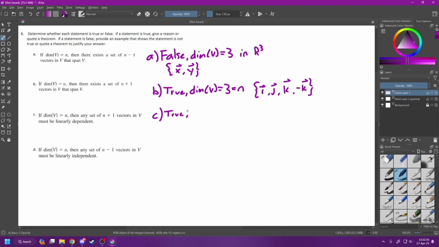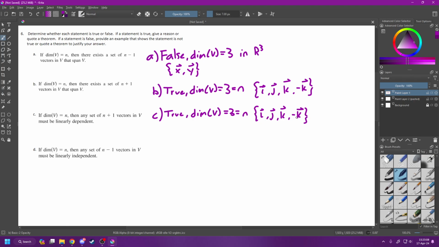because similarly to my explanation for part B, if the dimension of V is equal to 3, then there would be a set of 4 vectors inside of V that must become linearly dependent, which can be seen with the example. Let me just rewrite it for this line: vector i, vector j, vector k, and then vector negative k.